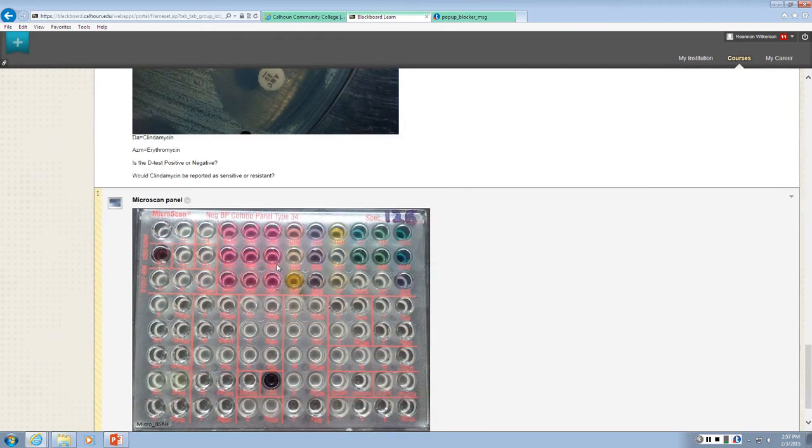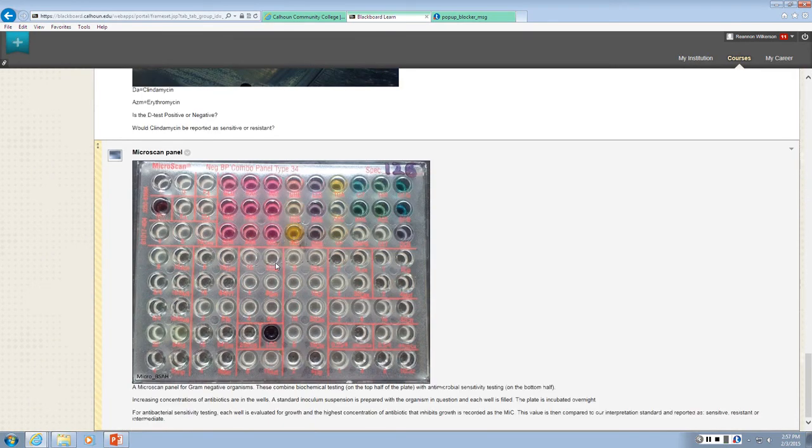Here's an example of a MicroScan panel, and you'll get to interpret some of these in lab. It has biochemicals in the top half, and then it has these antibiotics on the bottom half. If you look really hard, here's AZT. Whatever antibiotic that is, we've got a 4 and 16, or an 8 and 16.